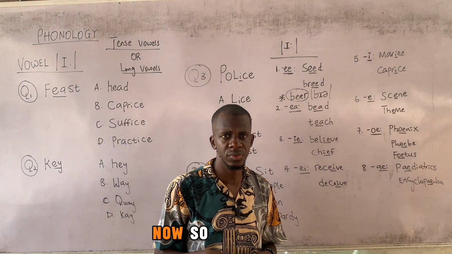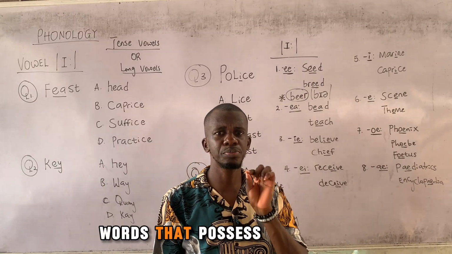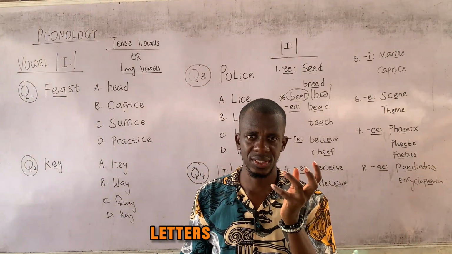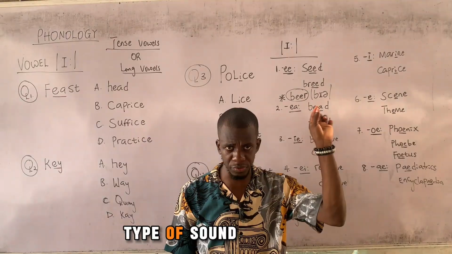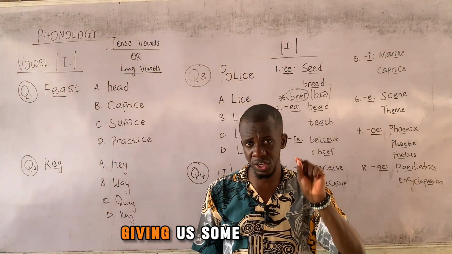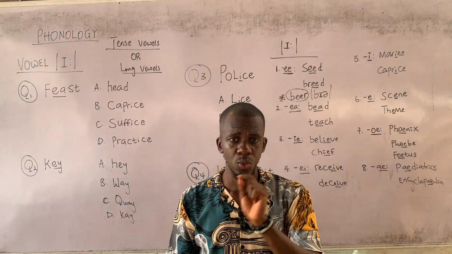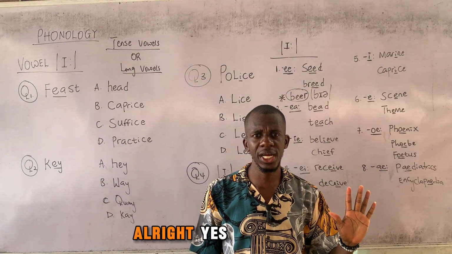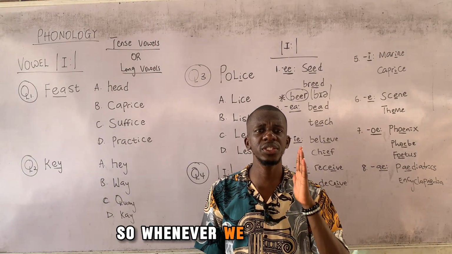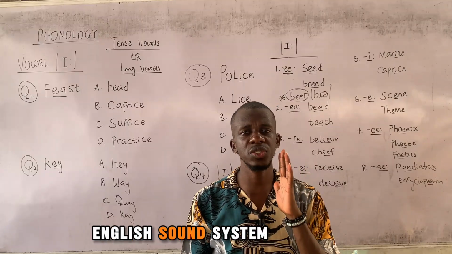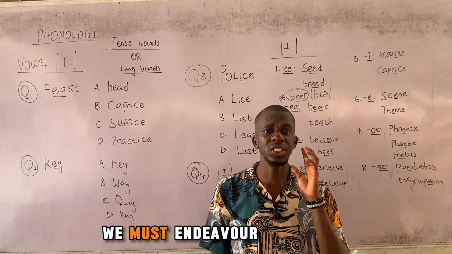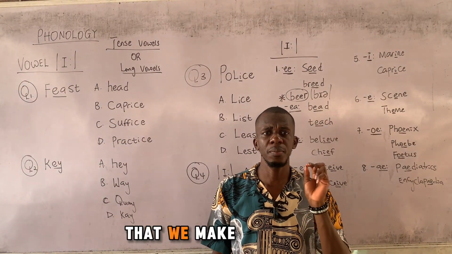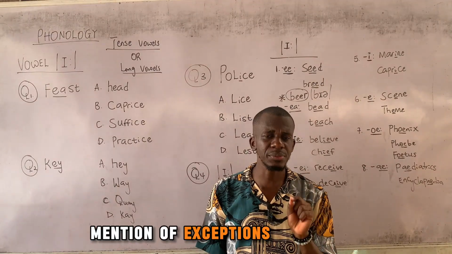You see that now? So, words that possess letters that should give us a certain type of sound, but end up giving us some other sound, we call such words exceptions. All right? Yes. So whenever we teach the English sound system, we must endeavor to make mention of exceptions.